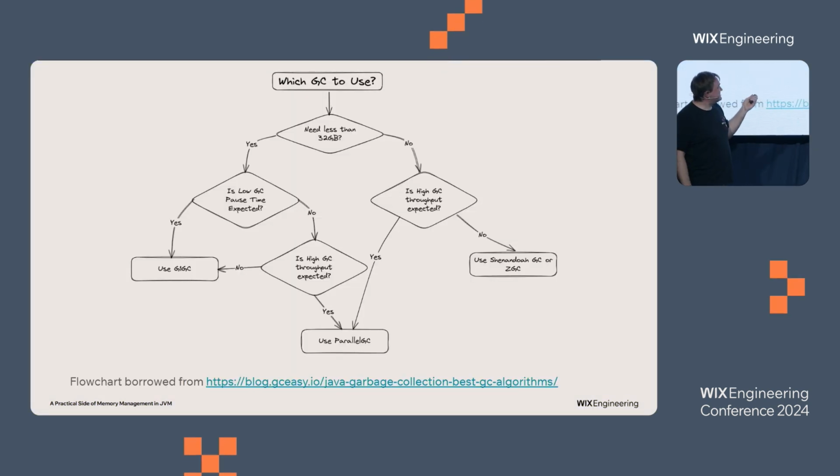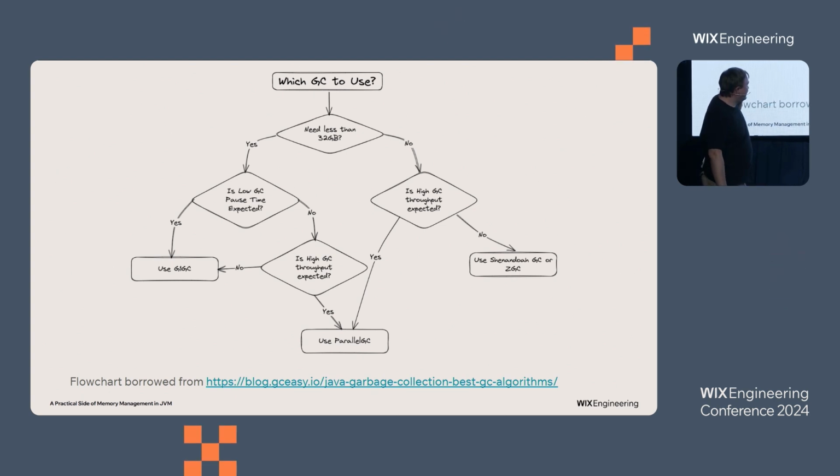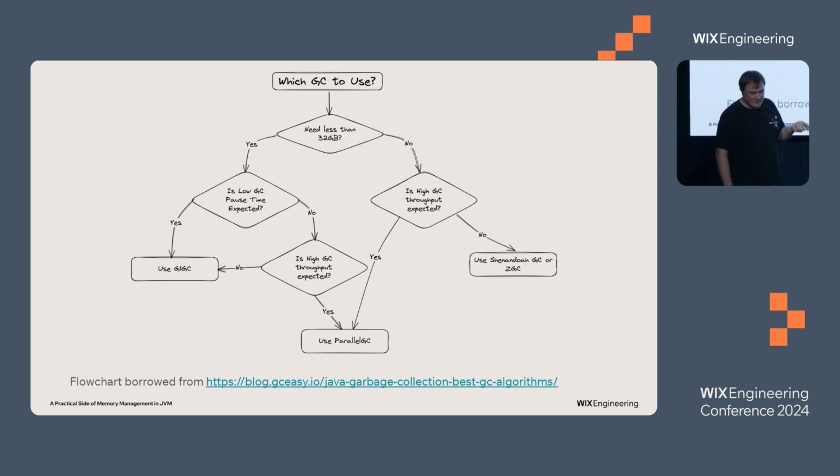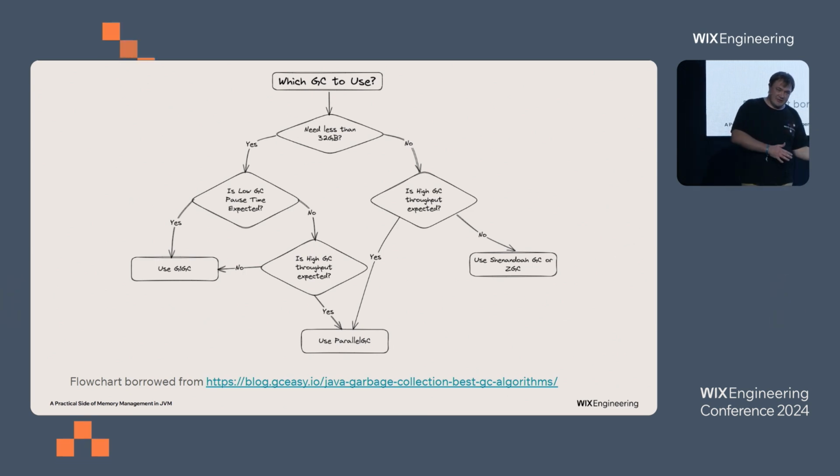I borrowed this very simple flow chart from gceasy.io. They are very famous for their GC log analyzer. And basically, in order to choose a garbage collector, we need to answer three questions. Is our heap small, meaning less than 32 gigabytes?